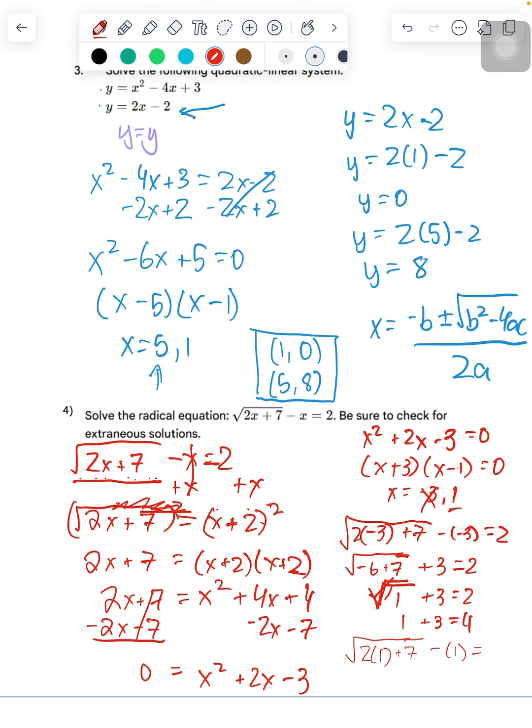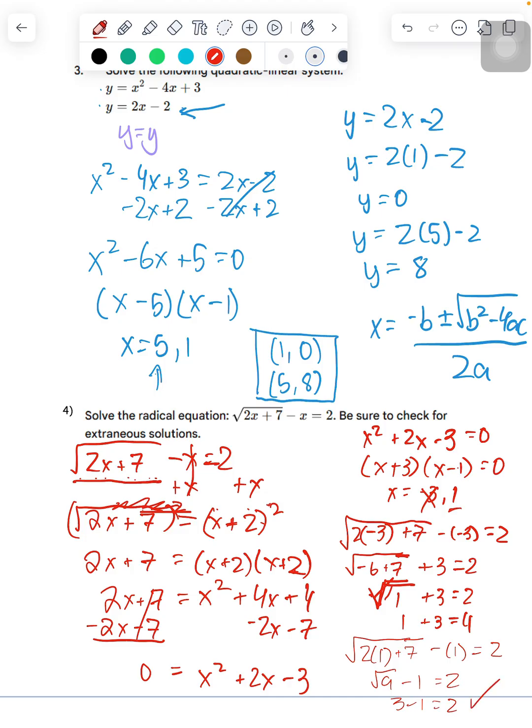Is that going to equal 2? 2 times 1 is 2, plus 7. So 2 plus 7 is 9. So the square root of 9 minus 1, is that going to equal 2? Is 3 minus 1 equal to 2? Yes, it does, so that works.